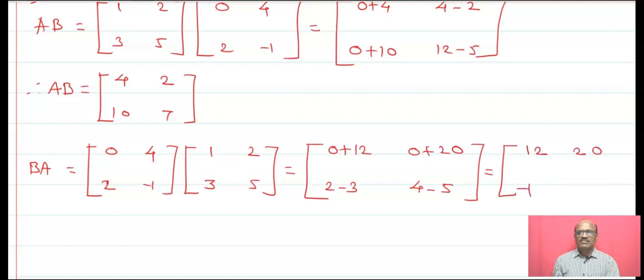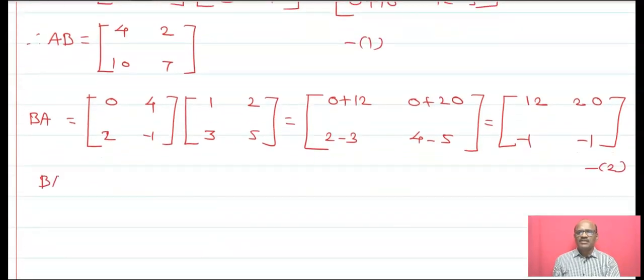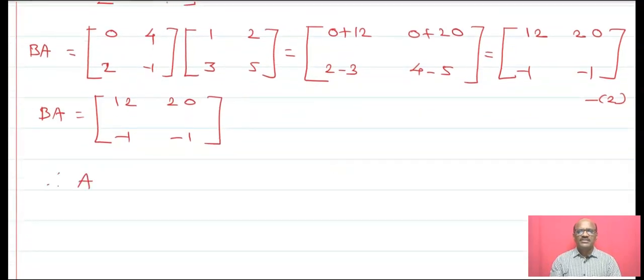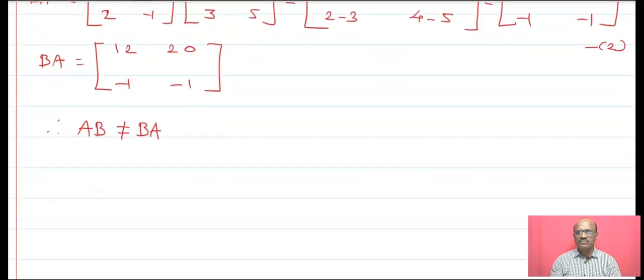See this here, multiplication if you want to see correctly. This is number 2 and number 1. Therefore, from 1 and 2, their values are not equal. It means that the matrix multiplication is not commutative. That is, AB is not equals to BA.